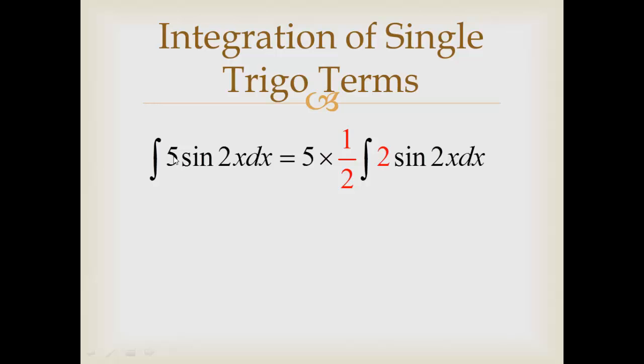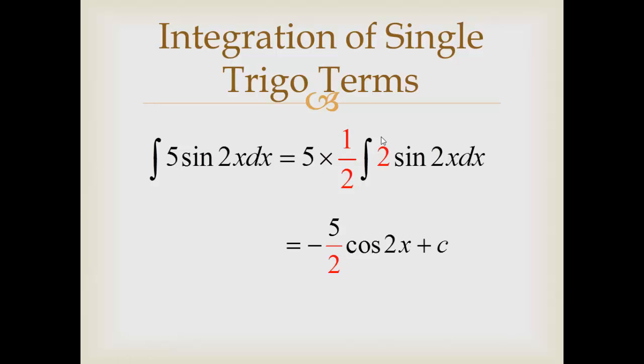So what we do is, we take out the 5 outside the integration sign. Then we create the differential 2, cancel the 2 with a half outside. In this case, the condition for integration is satisfied, whereby f prime x is already found in front of f(x).